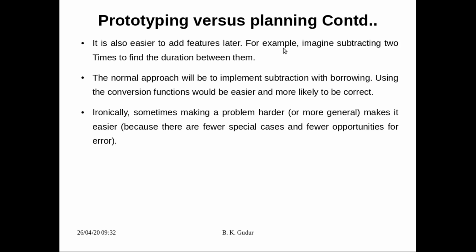The normal approach is implementing the function using borrowing. Whereas using a conversion function, it will be much easier and we are more likely to get the right output. With borrowing, we may end up with wrong results, but here we will get the right result.